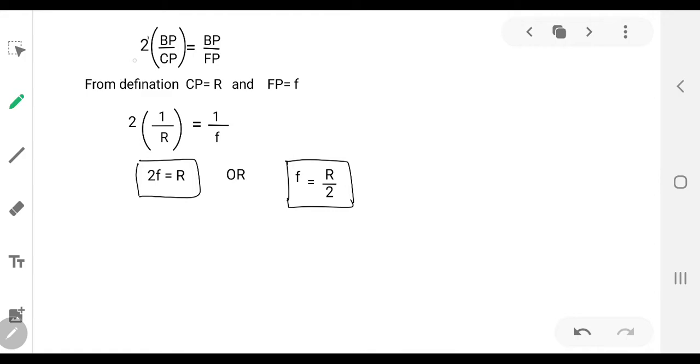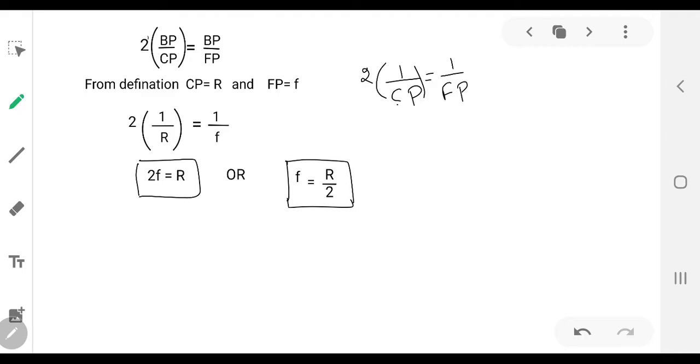BP gets cancelled. So the equation that remains is 2 upon CP is equal to 1 upon FP. Now substitute the values of CP and FP.